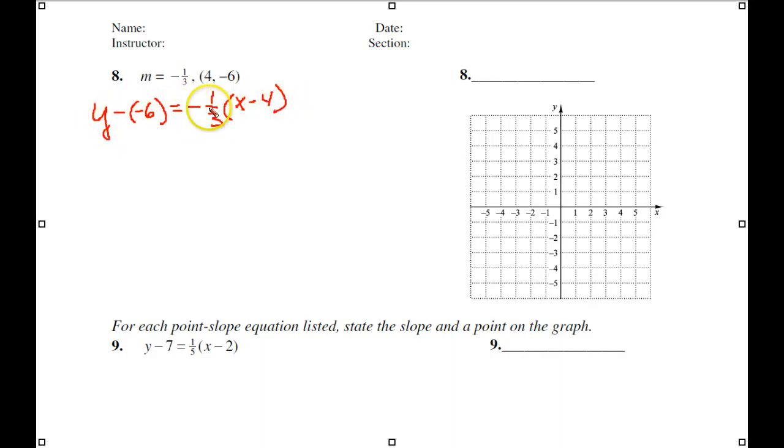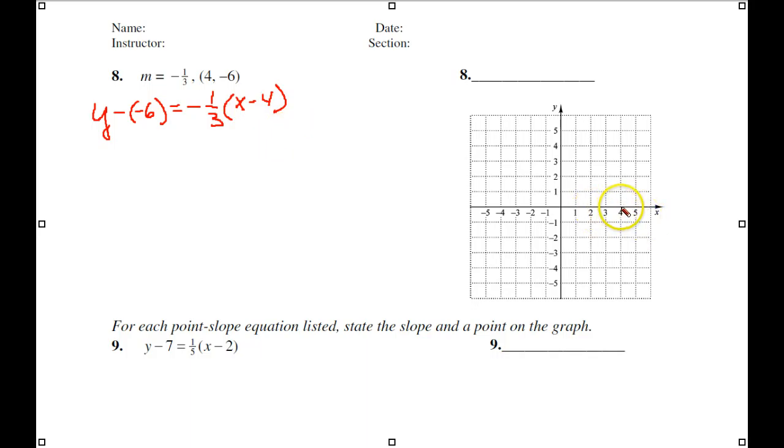So again, this is basically how you're going to leave it. Notice that our y is a -6. So our y value is going to become positive here when we take it out of this form. But now when it's in this form, we can plot this very well. Our point is 4, -6.